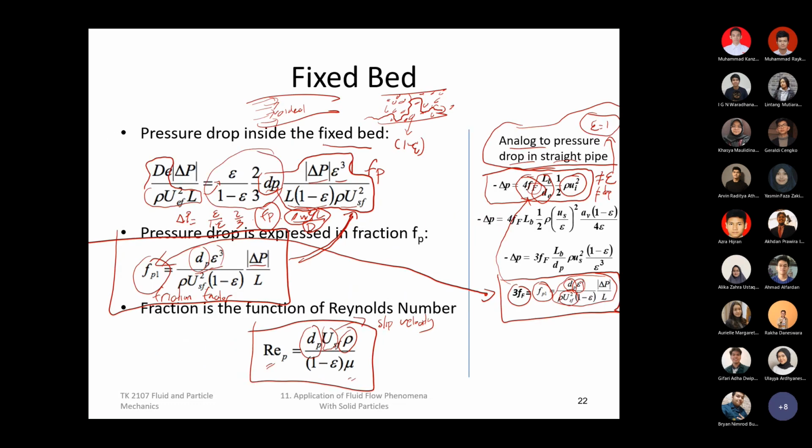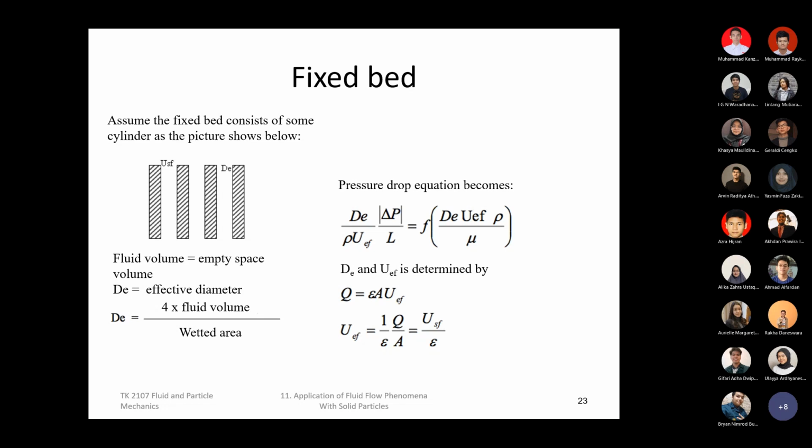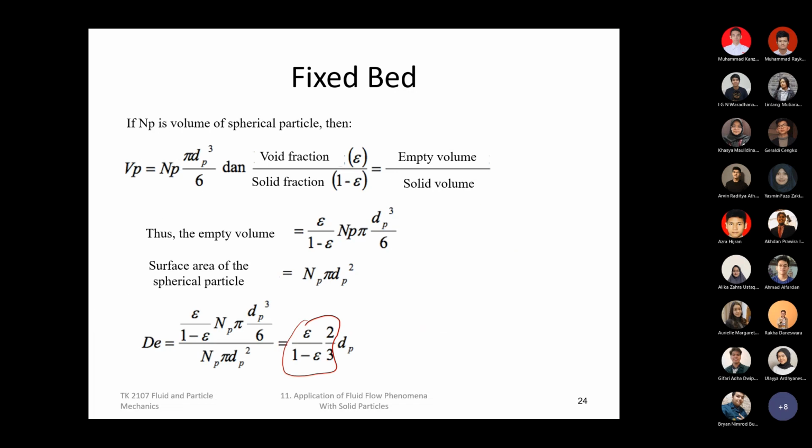That can be explained in slides 23 and 24, which come from the wetted area effective diameter. Remember the effective diameter, which is 4 times the fluid volume per wetted area. By solving this correlation, you end up with the effective diameter being epsilon per (1 minus epsilon) to the two-thirds of the particle diameter.